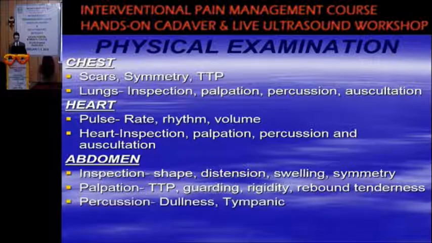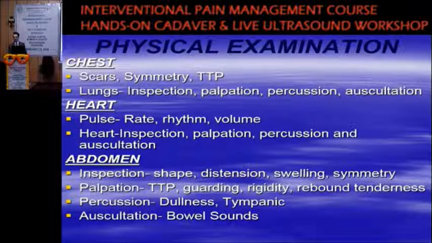There's air in there, right? So you can diagnose peritonitis and stuff like that, and rebound tenderness. So percussion is very important. Palpation, rebound tenderness is important. So auscultation, bowel sounds, of course. Are they sluggish? Can you feel the bowel sounds? Are they hyperkinetic bowel sounds? So everything matters.